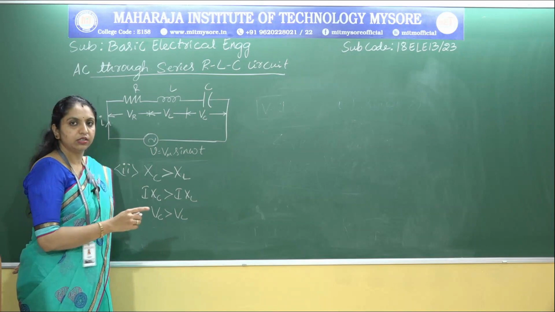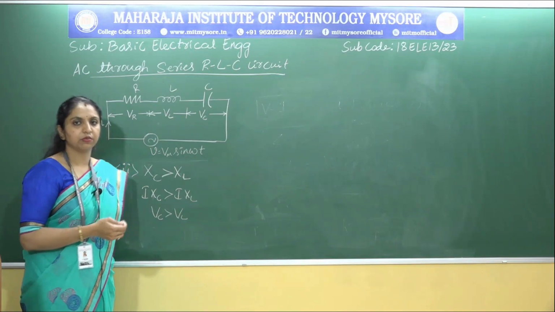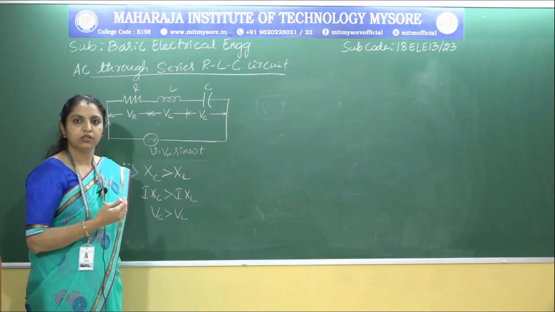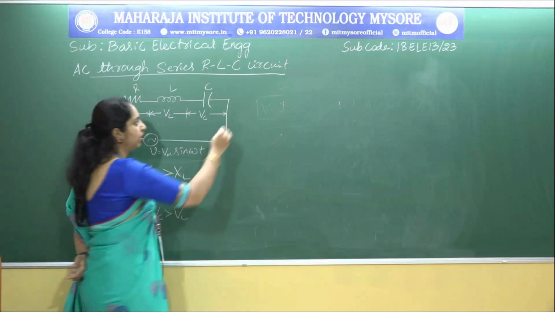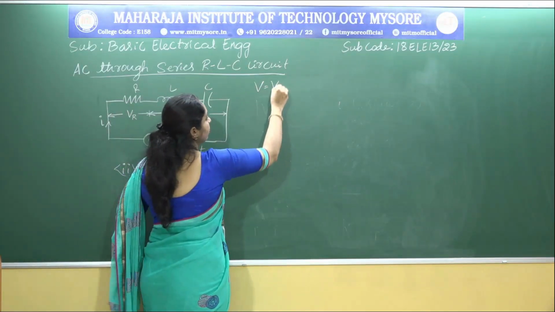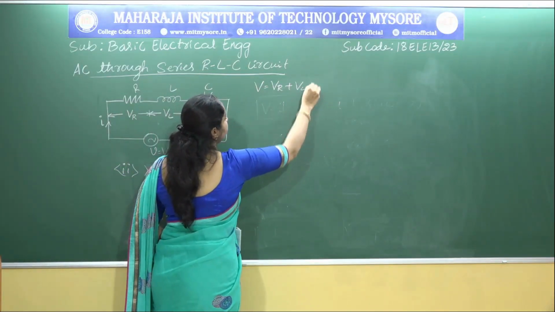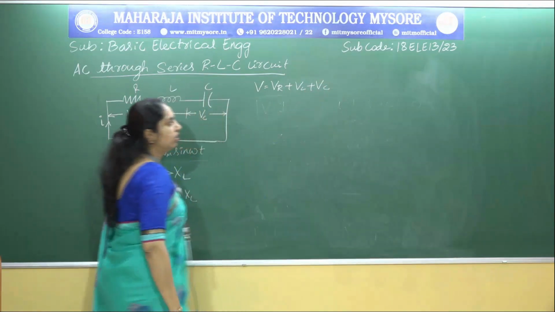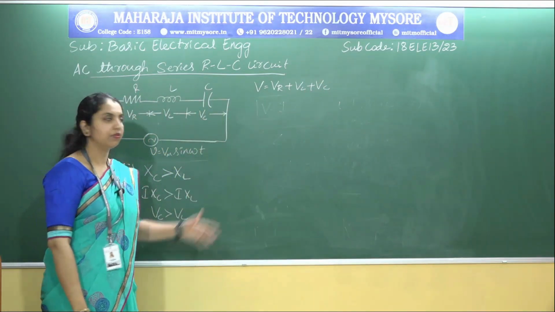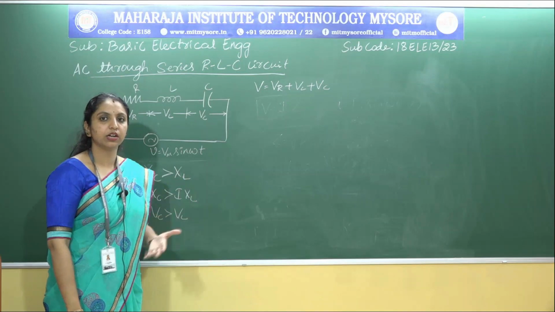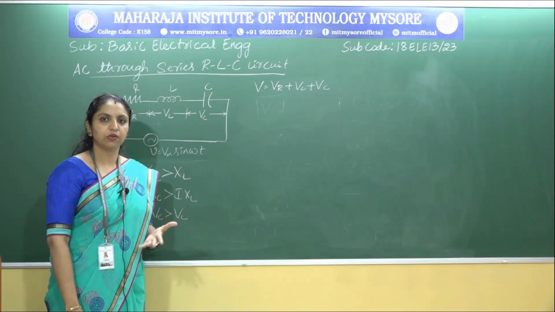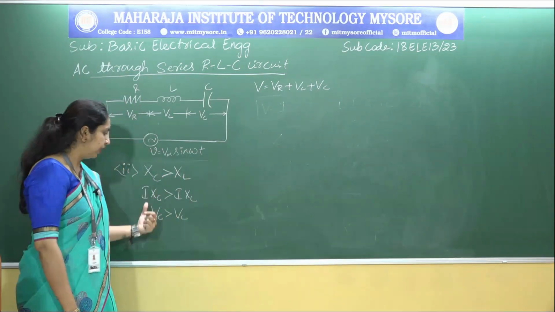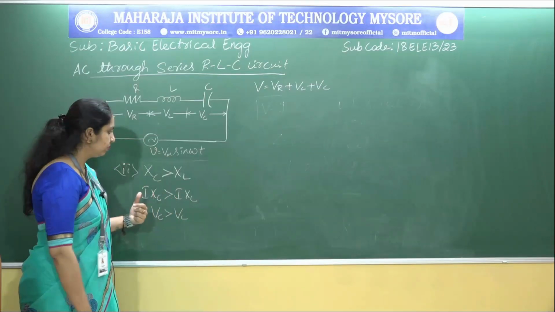As I have already indicated, consider the phasor diagram of equation 1. Equation 1 was V is equal to VR plus VL plus VC. The phasor diagram of this equation depends on the condition of VL and VC, and of course it depends on the values of XL and XC.